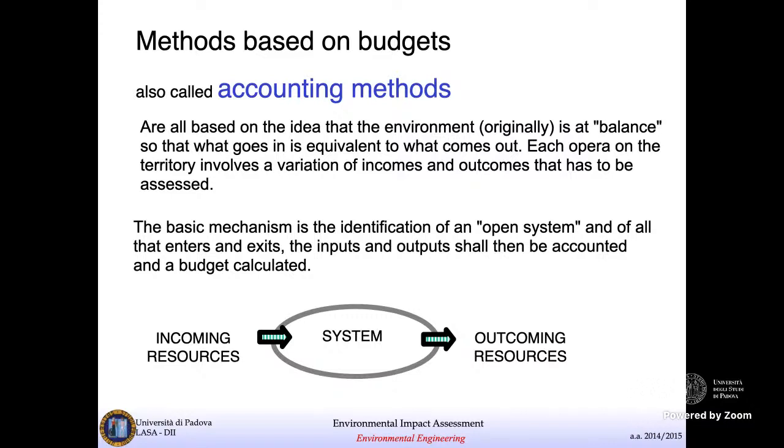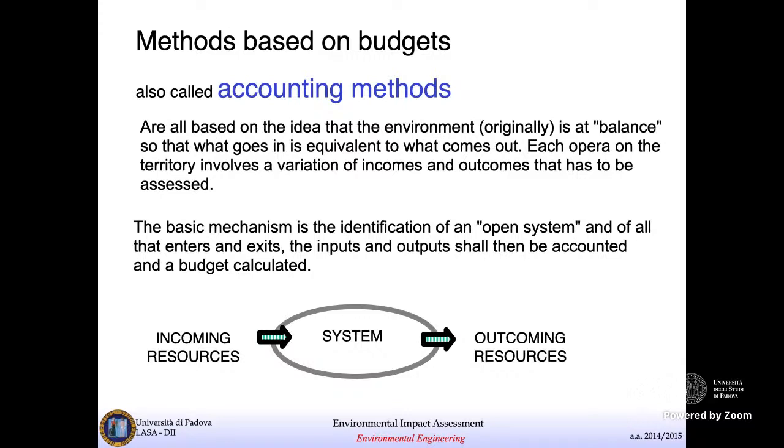Methods that are based on budgets are also called accounting methods, and are all based on the idea that the environment originally is in balance, so that what goes in is equivalent to what goes out. So we start from the assumption that the environment is in a kind of equilibrium. Its operation on the territory involves a variation of incomes and outcomes that has to be assessed, and as a consequence, there is a variation of this equilibrium.